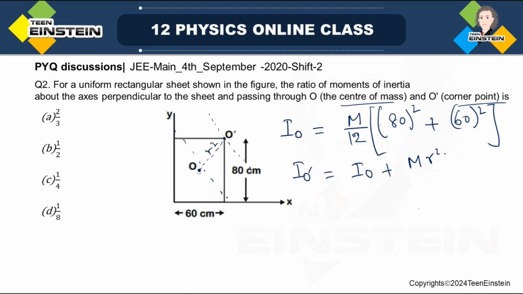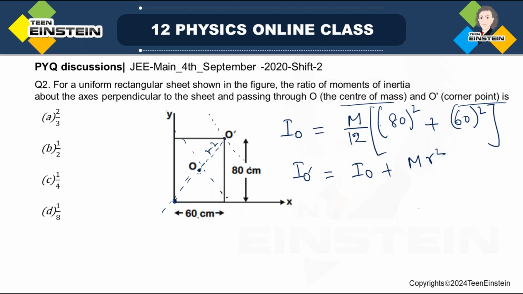So from the formula, I need to find out this length to the corner, from origin to this O prime. How do you get that? You can get it easily by applying the Pythagoras theorem.